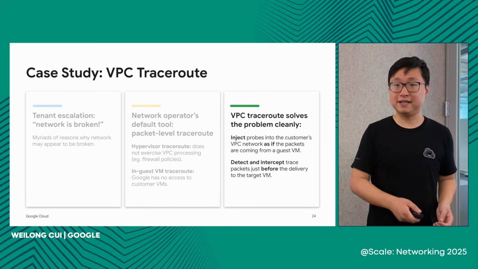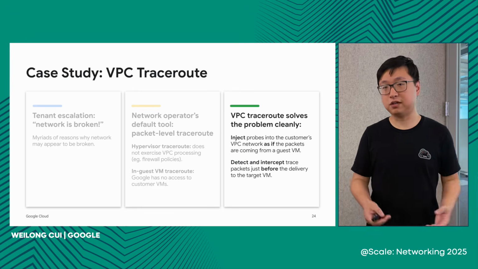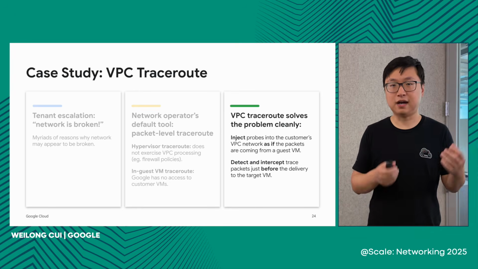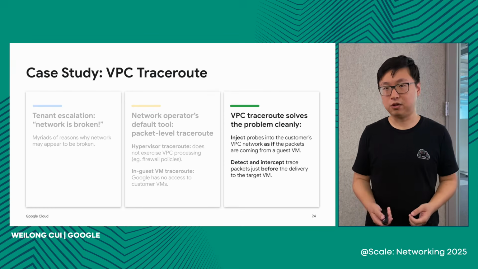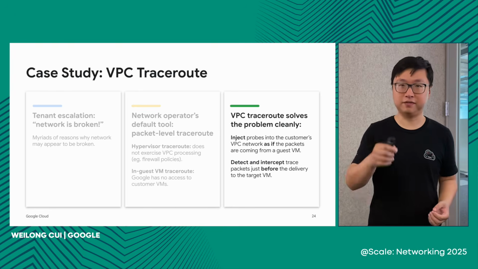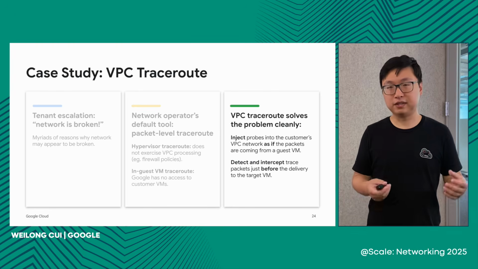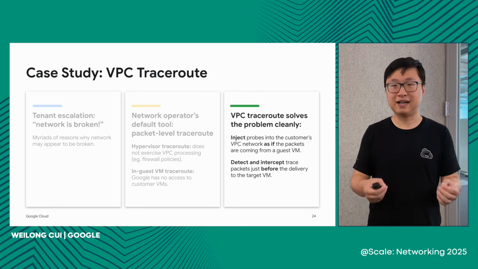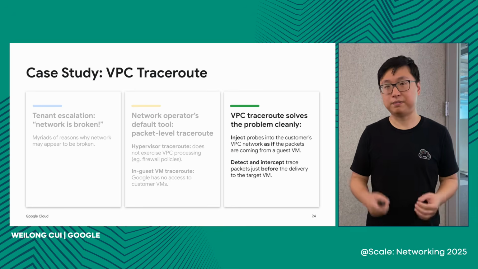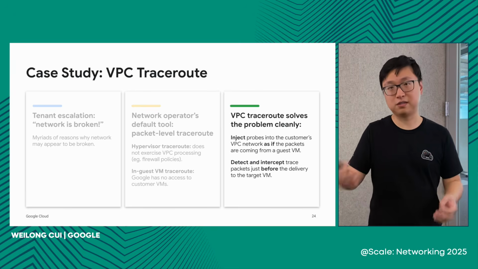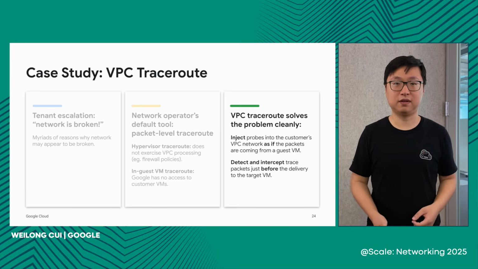So the solution is a feature called VPC traceroute, where we allow the virtualization stack in the hypervisor to inject a probe into the hardware just as if the probe comes from the VM. Before we deliver this probe packet to the destination VM, we detect, intercept, and drop the probe packets, because otherwise, if it shows up in a VM, our customers would be very confused.